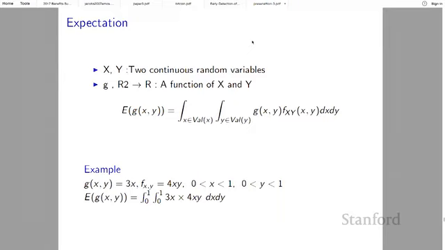And the joint probability of the x and y is 4xy. And you know that x and y are two variables that vary between 0 and 1. How do you take the expectation? Expectation of g of x y equals the integral of these two random variables, 3x times 4xy, dx dy. Is it clear? Cool.